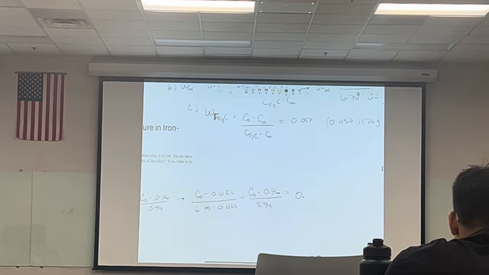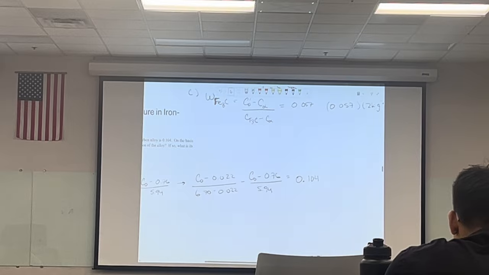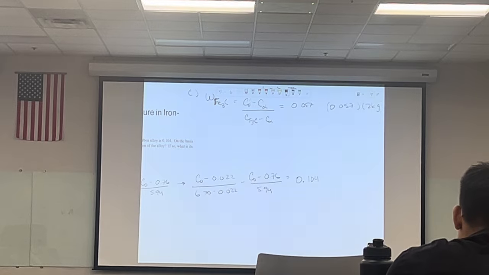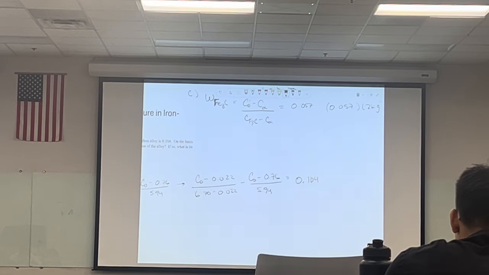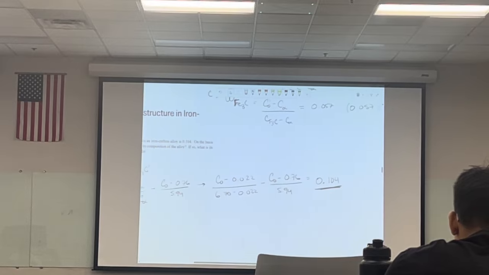And so I think this part should be given if you put it together.